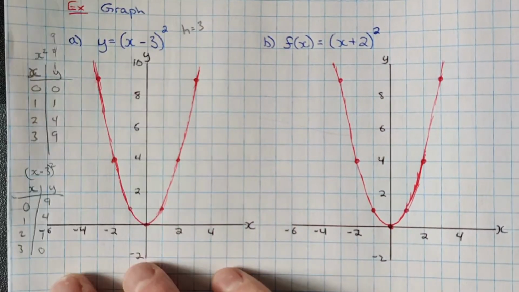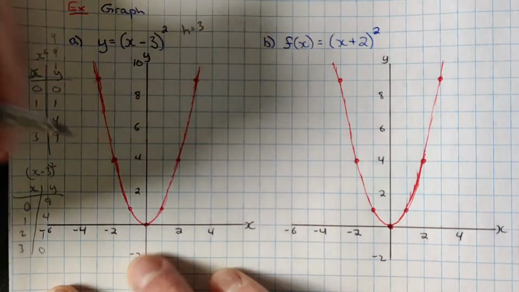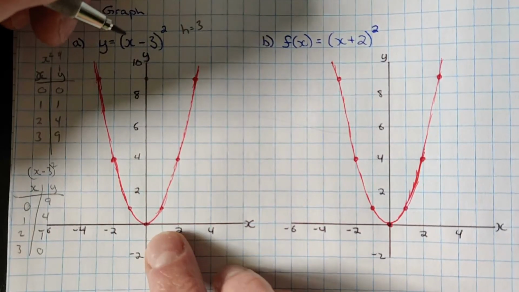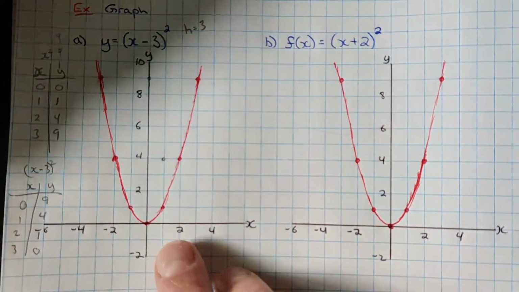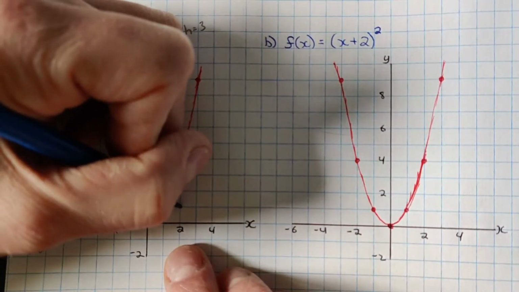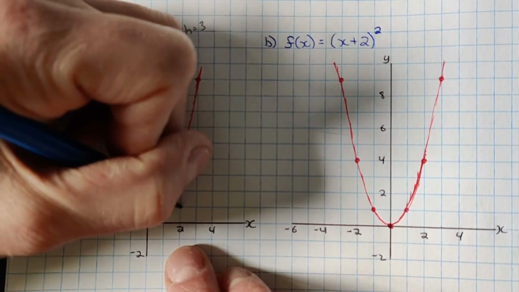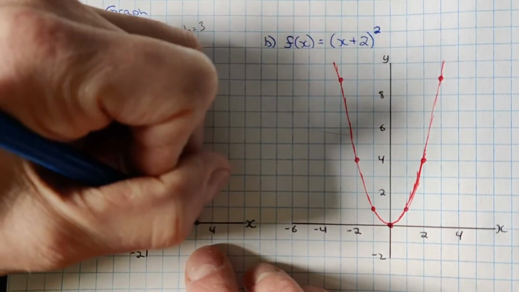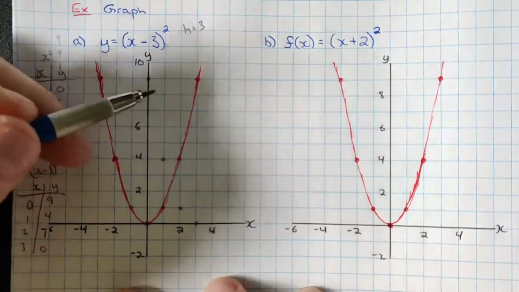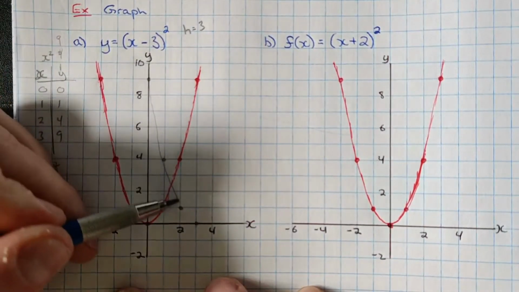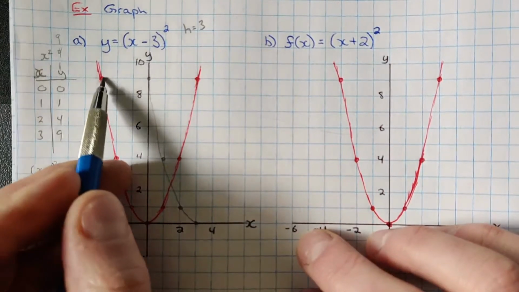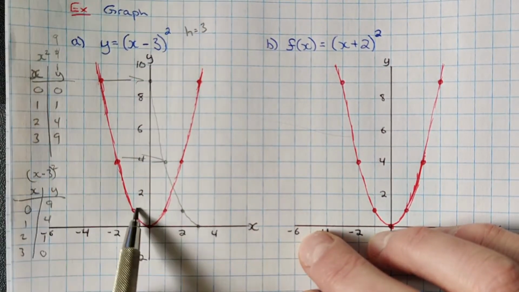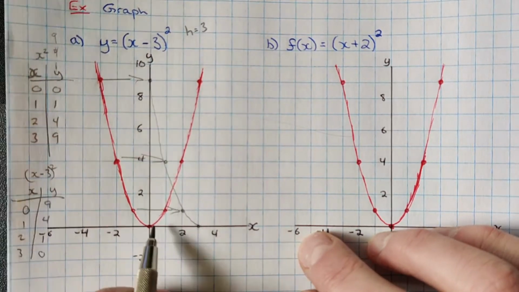So what ends up happening if we graph these is 0's up at 9, 1's at 4, 2 is at 1, 3 is at 0, and you see we have this half of the parabola. Basically, each of these points has been shifted to the right.